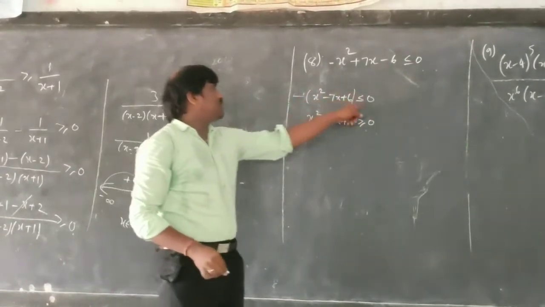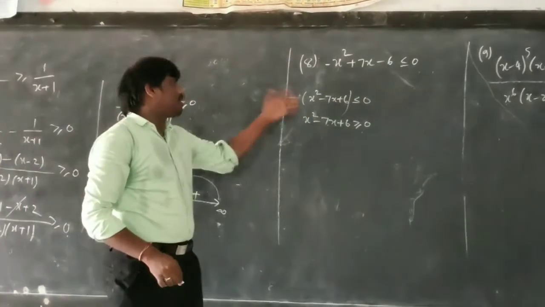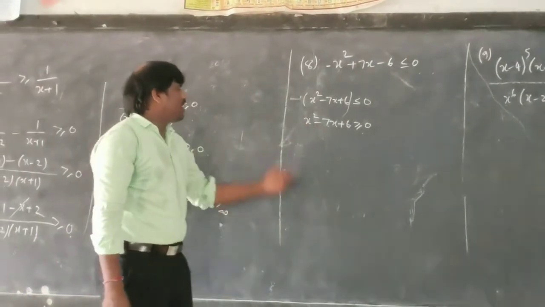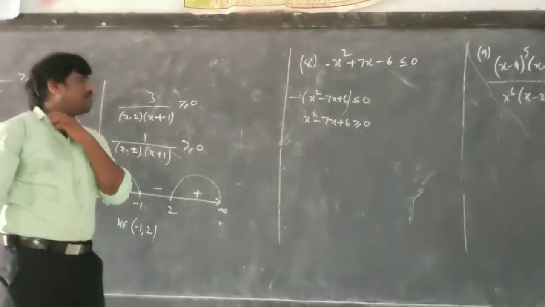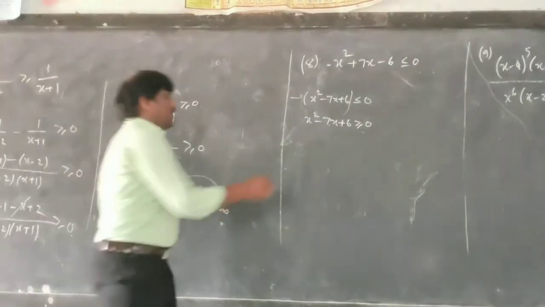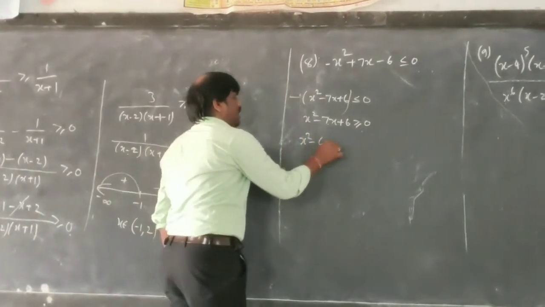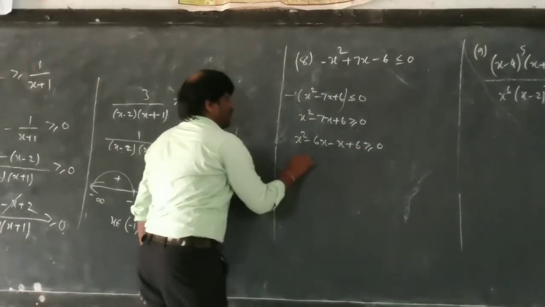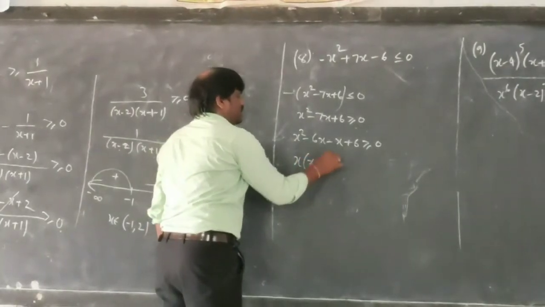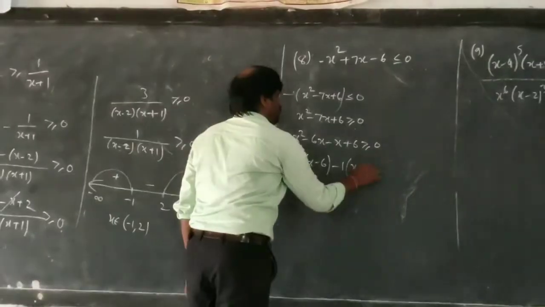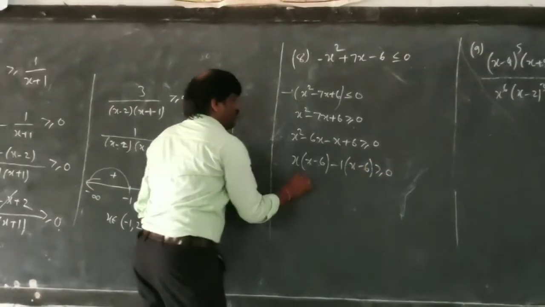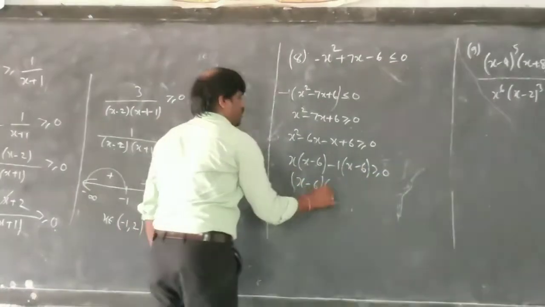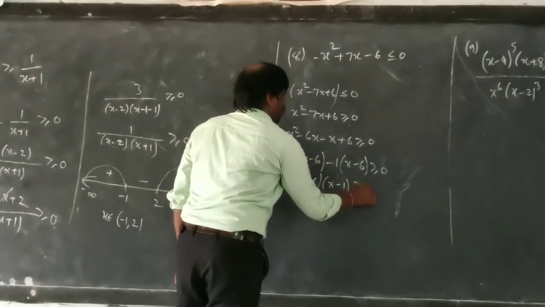Now you got x square minus 7x plus 6. 6 ones are 6. So x square minus 6x minus x plus 6 greater than or equal to 0. I am splitting this one. x minus 6 common out: x minus 6 into x minus 1 greater than or equal to 0.